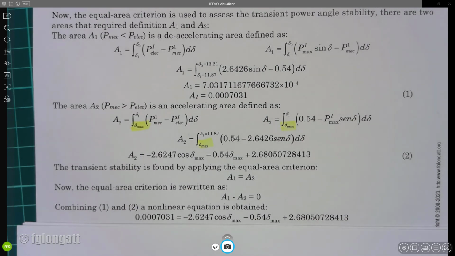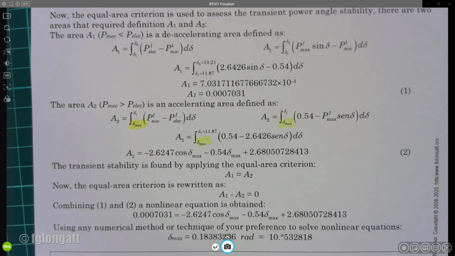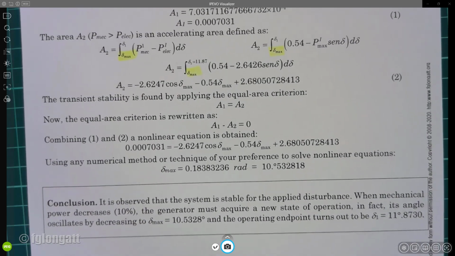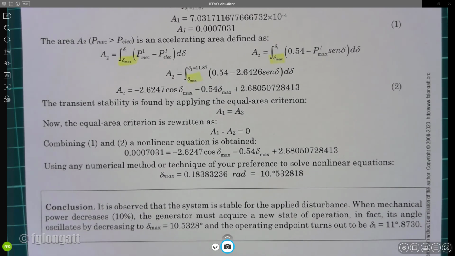Now what you need to do is basic mathematics. If you want to use MATLAB, or any numerical method that you feel is your favorite, to solve nonlinear equations, please feel free to use it.